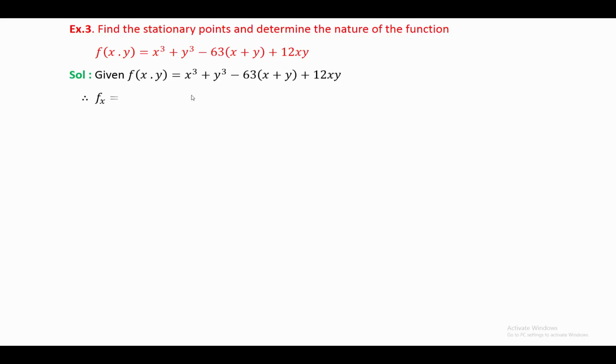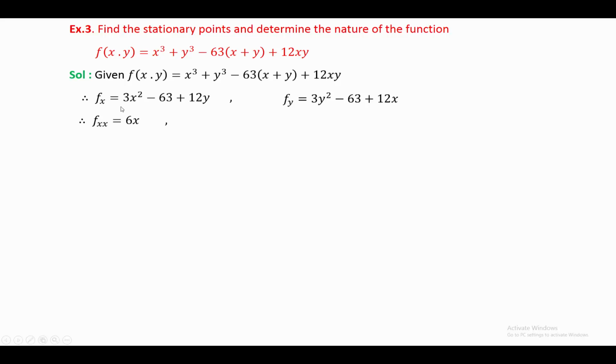So first one, fx, partial derivative with respect to x: 3x square, derivative of y cube 0, minus 63 into bracket 1 plus 0 is minus 63, plus 12y. Then fy, partial derivative with respect to y: derivative of x cube 0, derivative of y cube 3y square, minus 63, plus 12x.